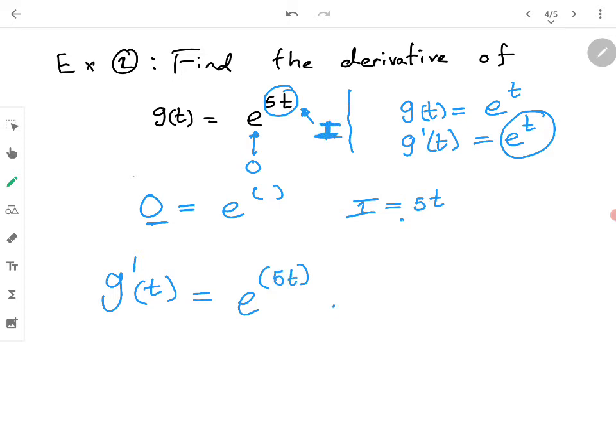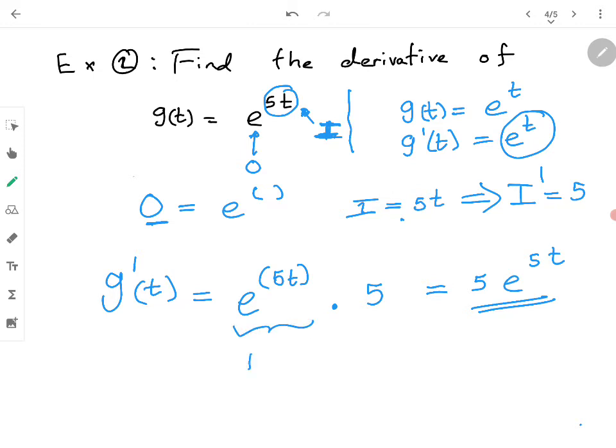So that's the derivative of the outer function evaluated at the inner. Then the second part is you need to find the derivative of the inner function. So here it's just 5. So let's move the constant to the front. So that's the final answer. So this part was the outer function's derivative evaluated at the inner, and the second term is the inner function's derivative.